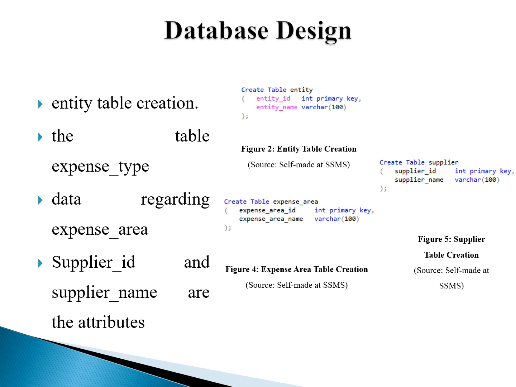For the second table, expense type, there are also two attributes, expense type ID and expense type name, and expense type ID is the primary key. For the table creation for the expense area, expense area ID is the primary key, and for the supplier ID and the supplier name, supplier ID is the primary key.